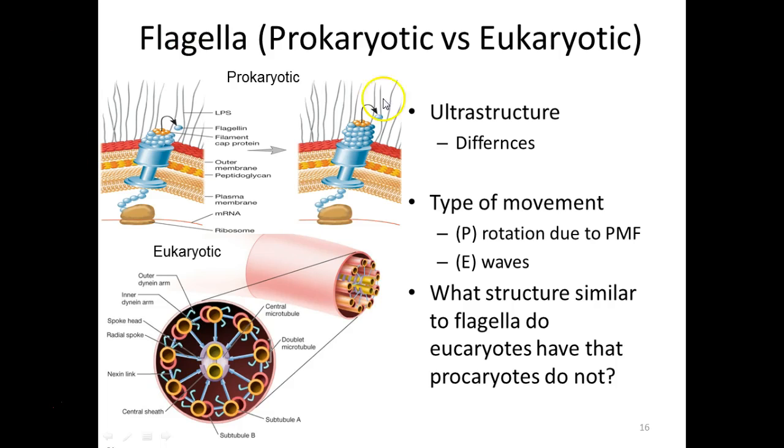Their movement is different. As I said, this basal body is going to spin, okay, in the membrane. And notice that this organism has a plasma membrane, peptidoglycan layer, and an outer membrane. So is it gram-positive or gram-negative? Gram-negative, because gram-negative are the ones that have what structure did I mention?